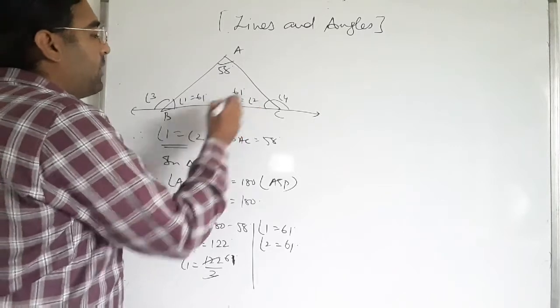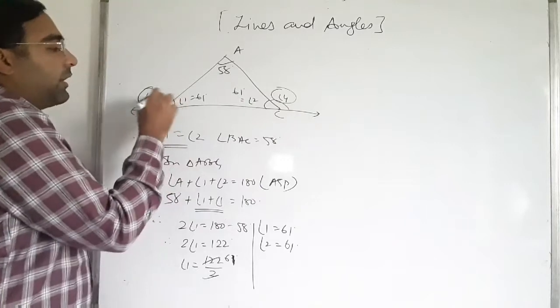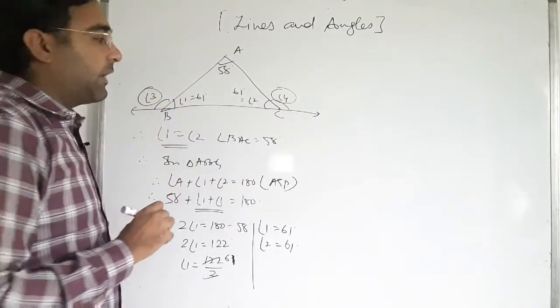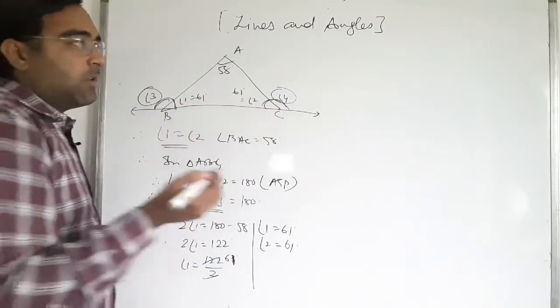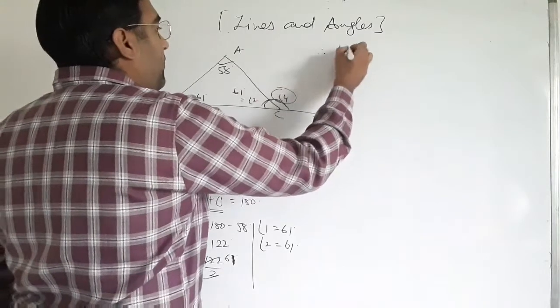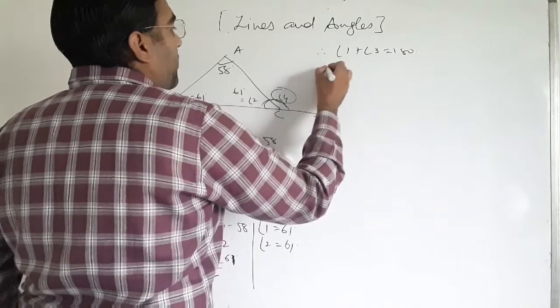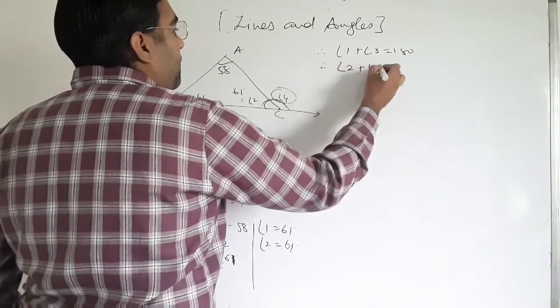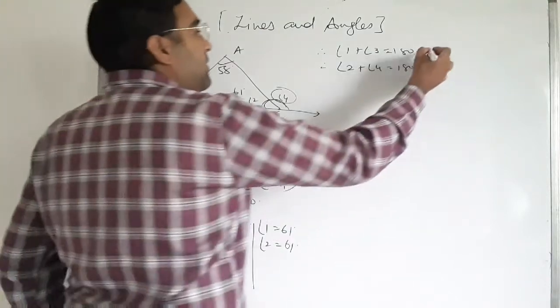Now we need to find angle 3 and angle 4. Angle 3 and angle 4 make linear pairs with angle 1 and angle 2. So we know that angle 1 plus angle 3 is equal to 180 degrees, and angle 2 plus angle 4 is also equal to 180 degrees, making linear pairs of angles.